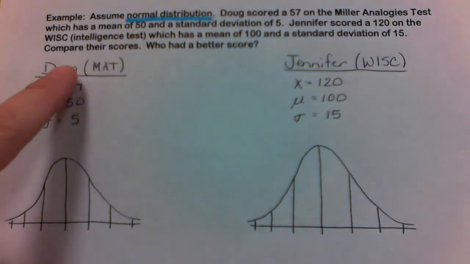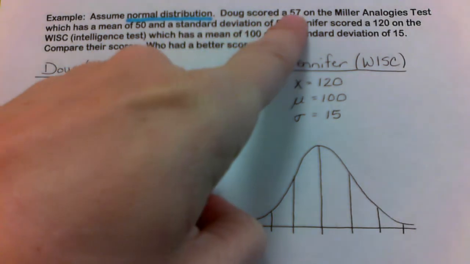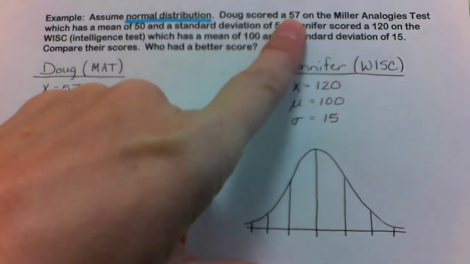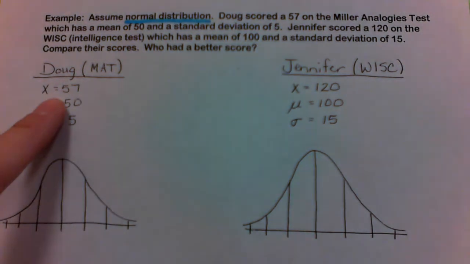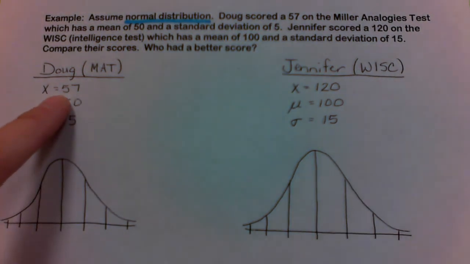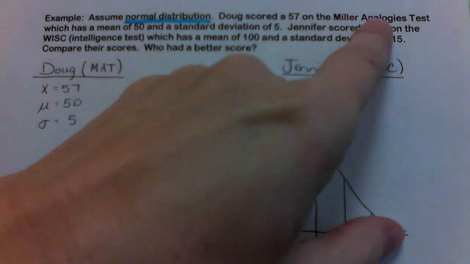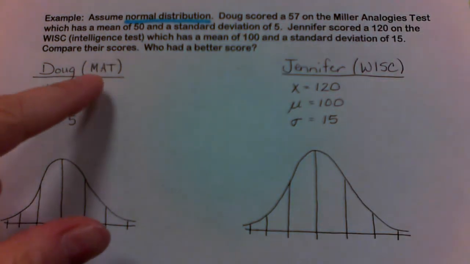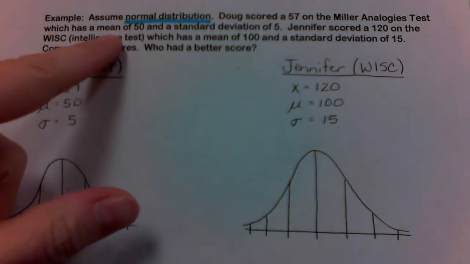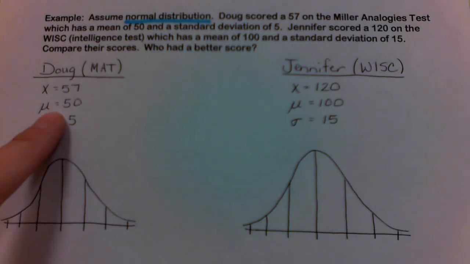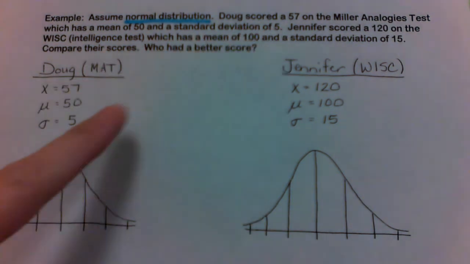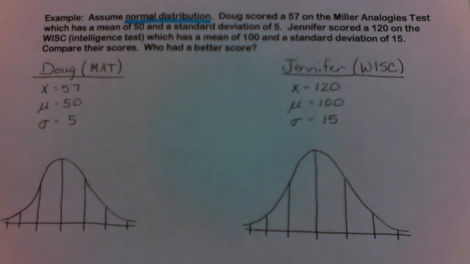Now, we have Doug over here. Doug scored a 57. That's his real life score, so that is an X value. He scored a 57 on the Miller's Analogy Test, which I abbreviated. That test has a mean of 50, so I have mu equals 50, and a standard deviation of 5, so I have sigma equals 5.